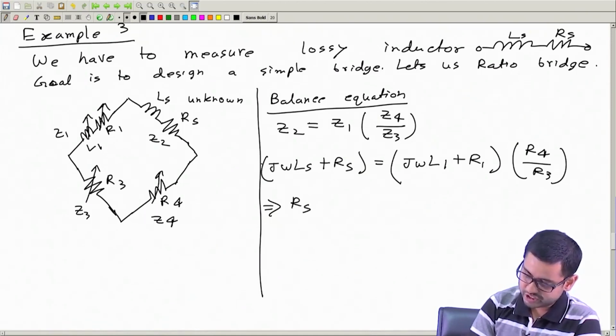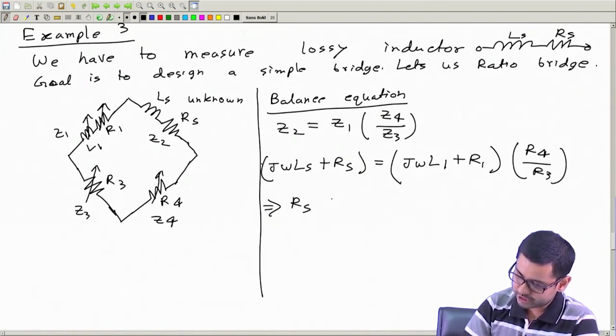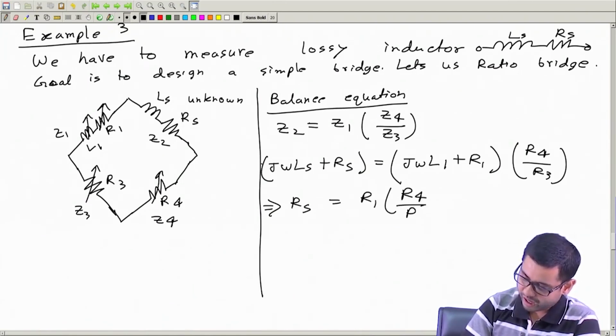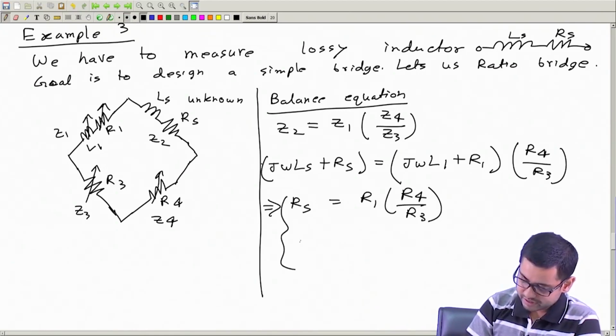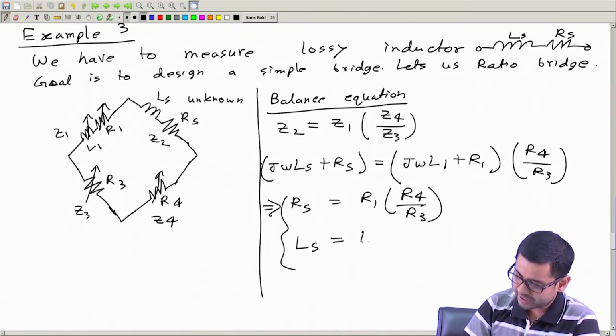So the real part of the right hand side will be R1 multiplied by R4 by R3. And similarly, the imaginary part will be j omega L1 multiplied by R4 by R3. So j omega cancels from both sides. So I write Ls same as L1 multiplied by R4 by R3.